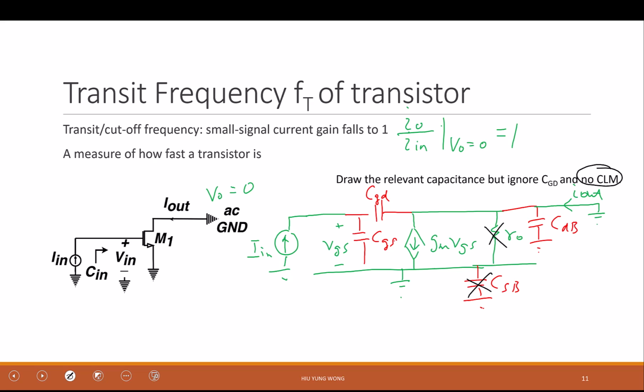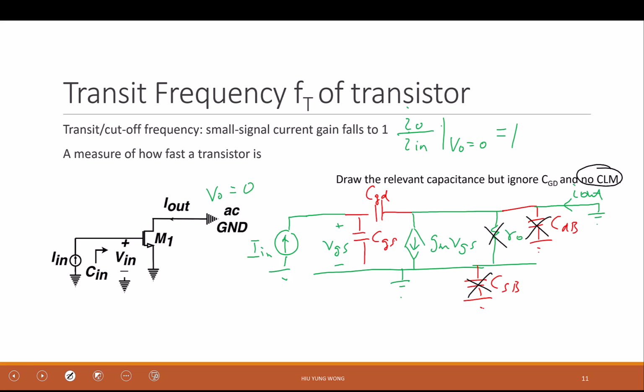Again, this is difficult to see, right? I made a lot of mistakes when I was a student. But look at this. The current is not going to go to CDB, because this point is grounded. I put the arrow here. This is still grounded, right? You are not going to draw any current, because if you have current going through CDB, this point cannot be grounded, right? So this one is gone.